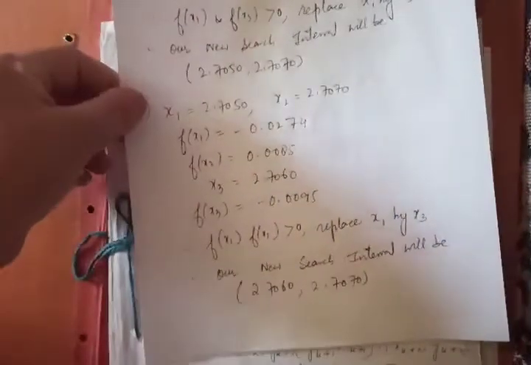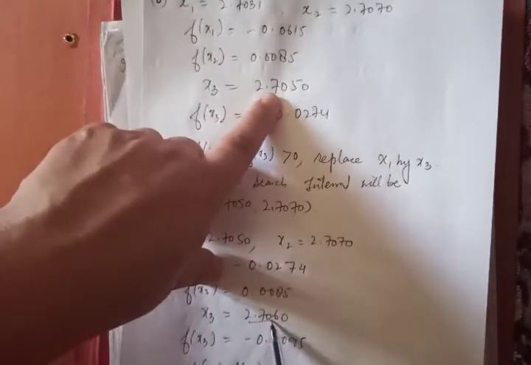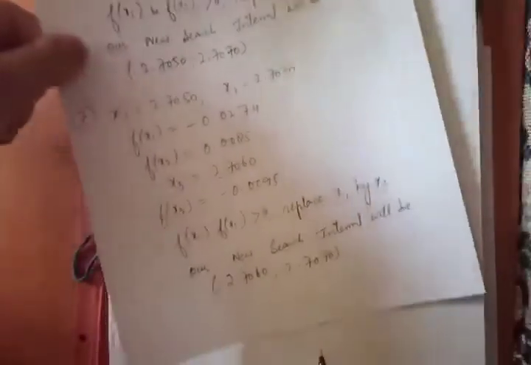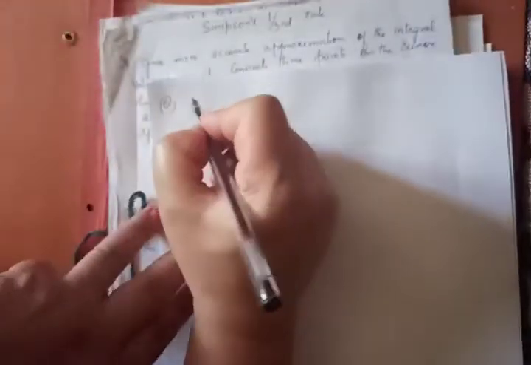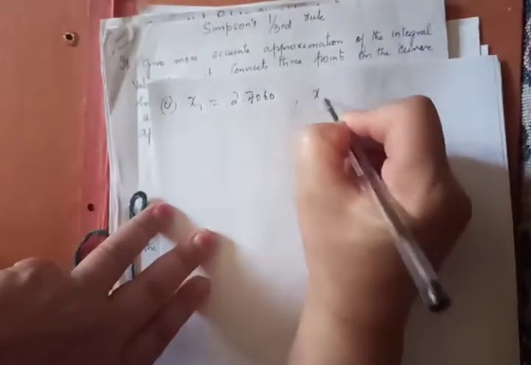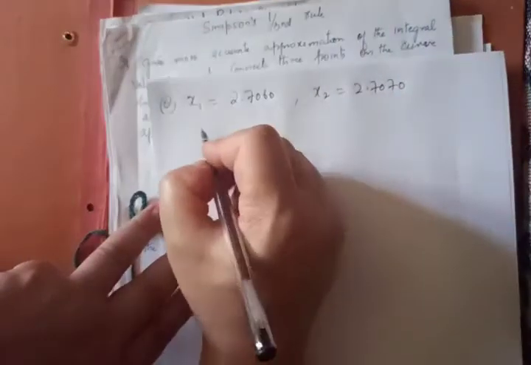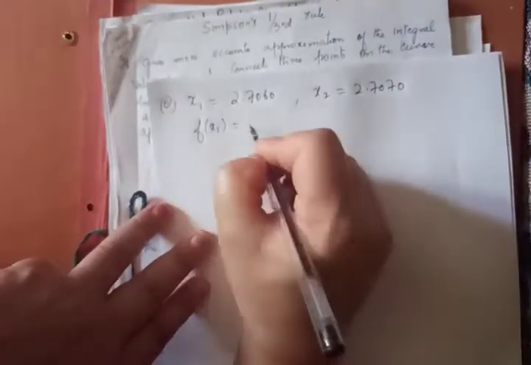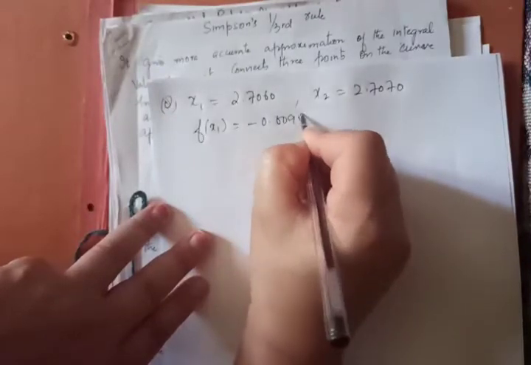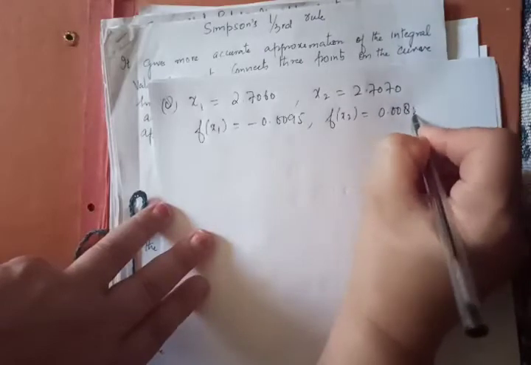Now abhi tak bhi in the sixth iteration up to 3 digits we are getting the same, but we have to do it up to the 4 significant digits. Iteration number 8. So x1 is 2.7060, x2 is 2.7070, f of x1 is equal to minus 0.0095, f of x2 is equal to 0.0085.